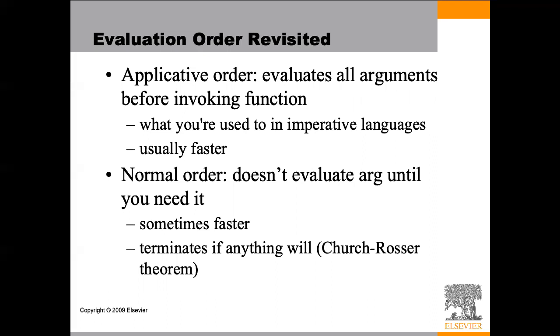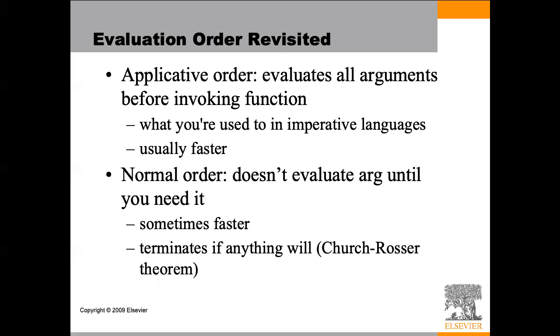So the question is always going to be, before you execute something like an if then else or a Boolean and or a function, do you evaluate all the arguments, or do you just evaluate ones that you need?